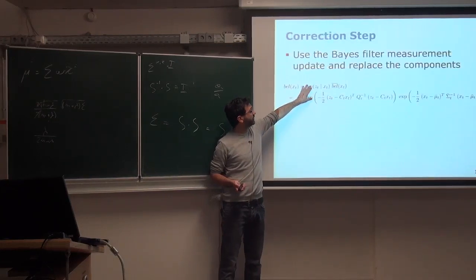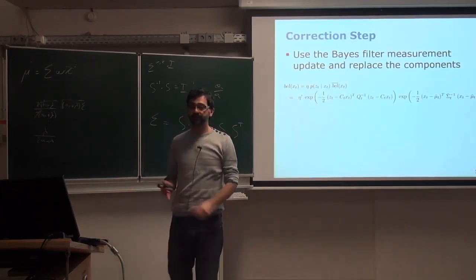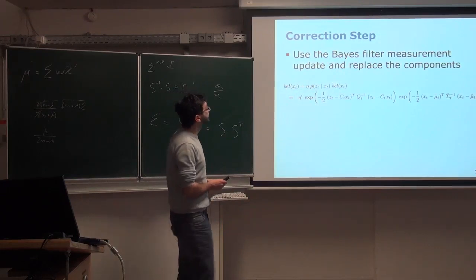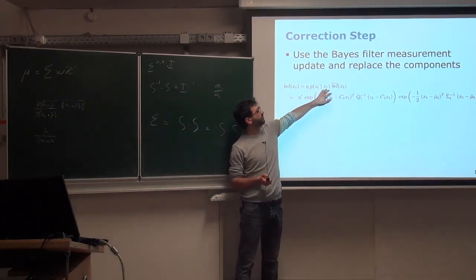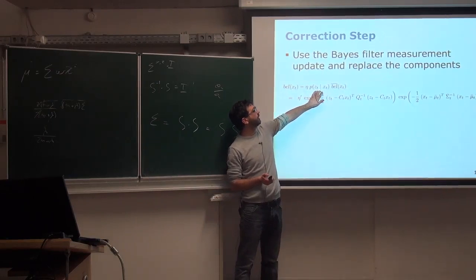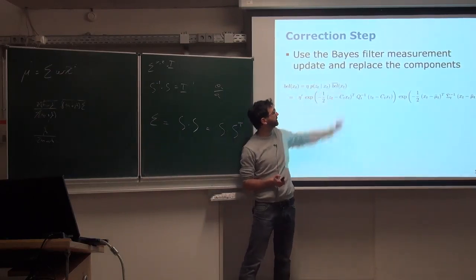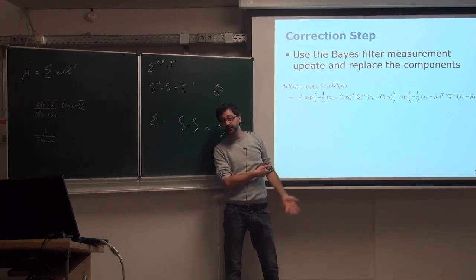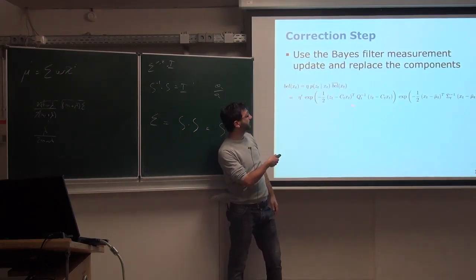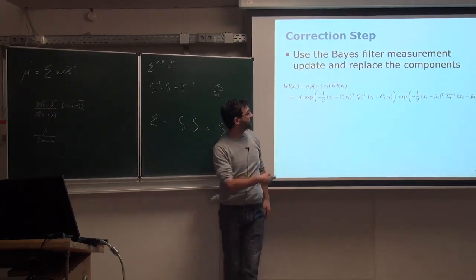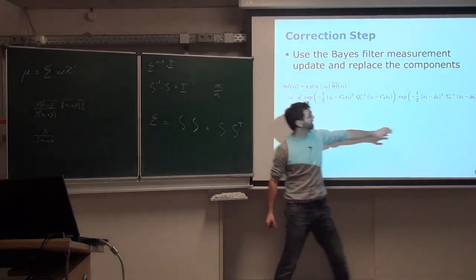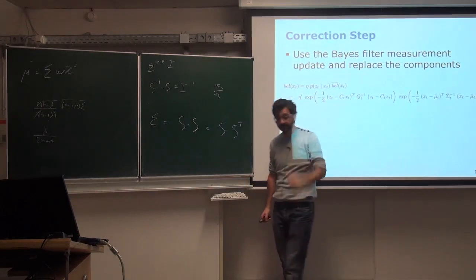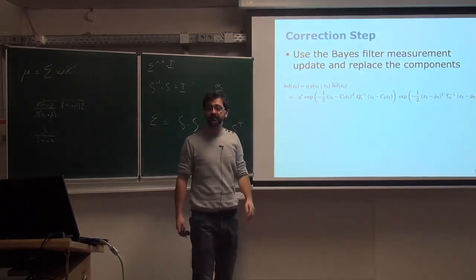And now we need to modify the correction step. This is how we normally do it in the Bayes filter. So we have this observation model, we have the predicted belief. If you expand it from the Gaussian case, we obtain this expression here. So we have here the expression with respect to the likelihood, and here is the expression with respect to our predicted belief.